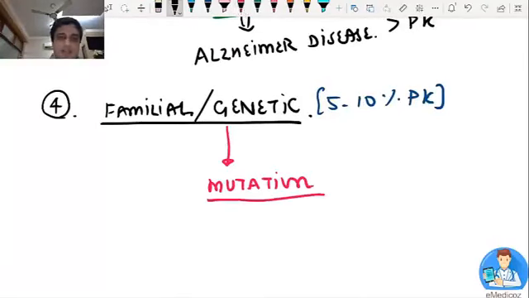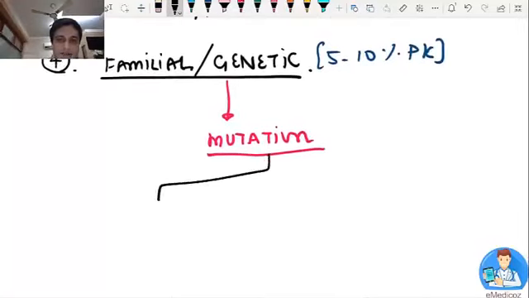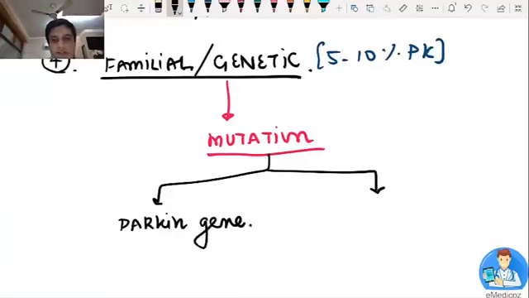One mutation is known as the Parkin gene mutation. The second is the LRRK2 gene mutation. Now any mutation on a gene has to have a carrier, that is a chromosome.